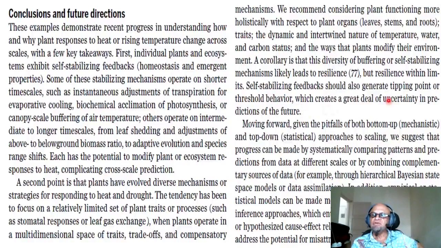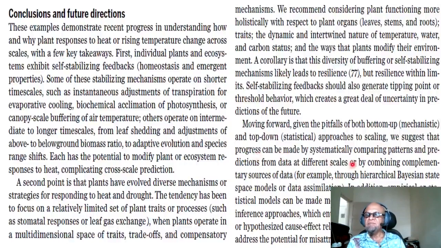Self-stabilizing feedbacks should also generate tipping points or threshold behavior, which creates a great deal of uncertainty in predictions of the future. So we assume that there are temperature thresholds beyond which the ecosystem or plant species may collapse. We call them tipping points, and considering all the unknowns, it's probably dangerous to make those claims right now anyway, especially in terms of predictions.